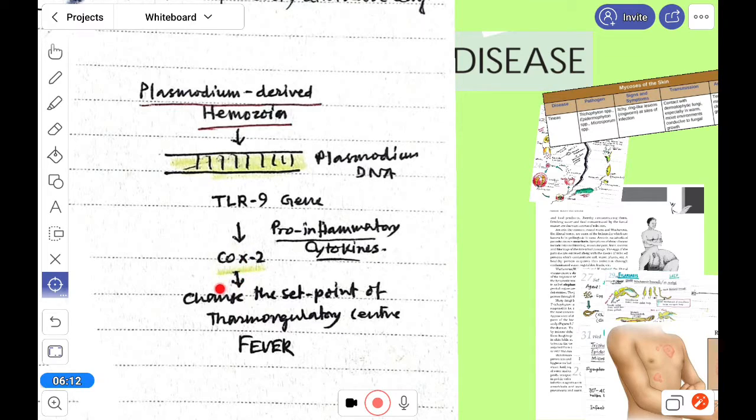These signals reach our hypothalamus and change the set point of the thermoregulatory center, so the fever comes and the temperature increases. So that is the reason hemozoin creates the fever.